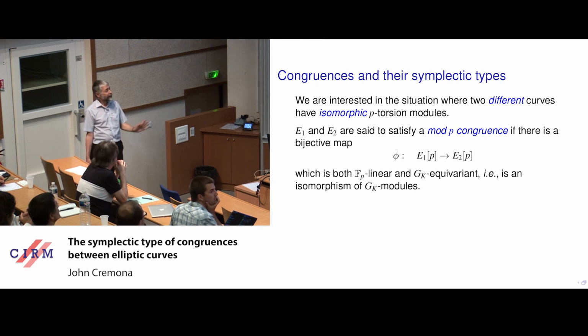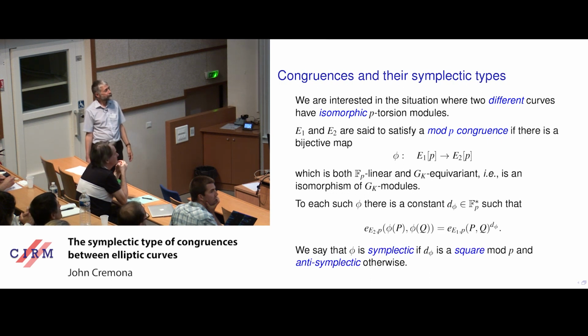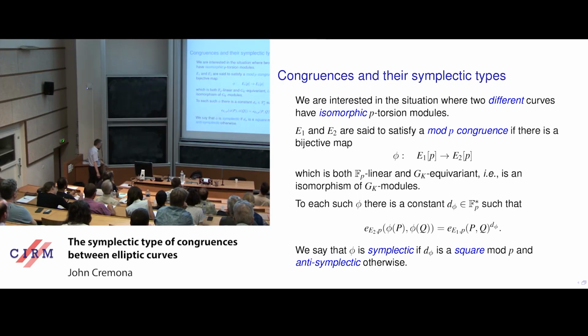And so that's what we're asking: can this happen other than E1 equals E2? If it does happen, then we go a bit further, and by seeing what it does to the symplectic structure, basically there are two different things that can happen. It can either preserve it or invert it.